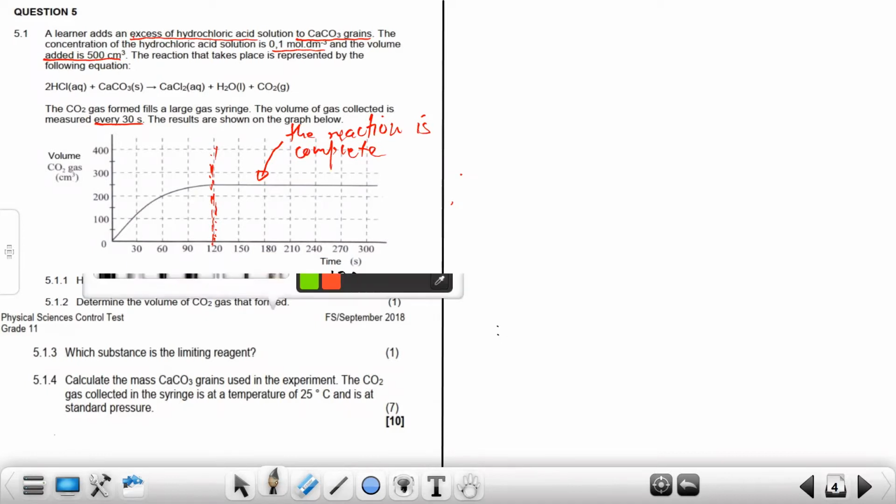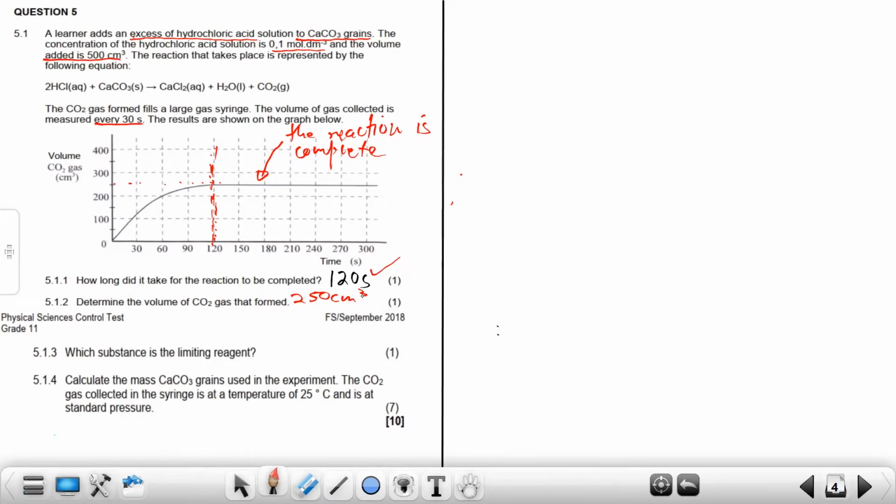So you get 1 mark for that. It's easy to see. And then determine the volume of carbon dioxide gas that is formed. So we use this to get the volume. We can say it's plus minus 250, but it's directly 250. So it will be easy to say it is 250 centimeter cubed.